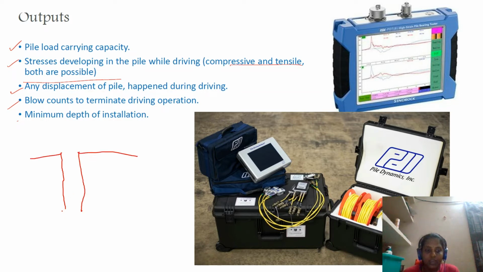If we have some big rock which we are not aware of, once we install our pile, the pile can hit it and go sideways, especially if you have a soft deposit. While we keep on driving, there is a possibility that the pile goes sideways, so we can detect the displacement of the pile.